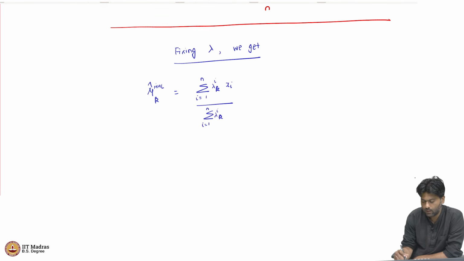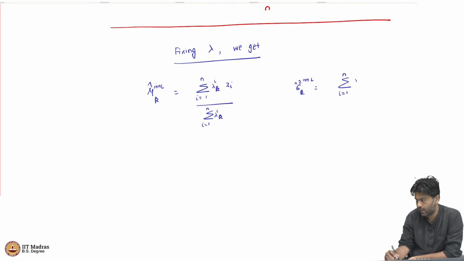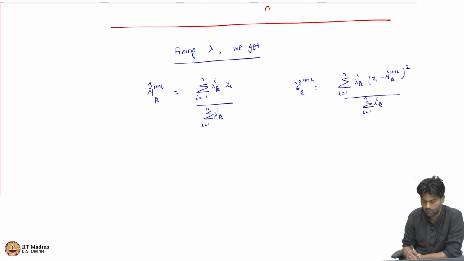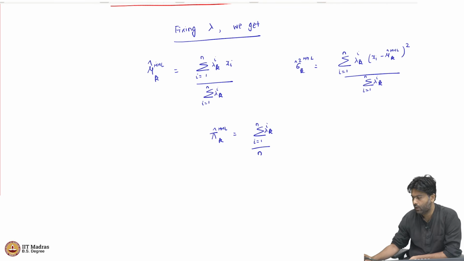Sigma squared MML k is the weighted sample variance, where again the weights are given by the lambda_ik's that we are assuming, divided by the sum over i equals 1 to n of lambda_ik. And pi's are again the weighted version of what you would standardly expect, the weighting of each point's chance that it belongs to cluster k and then averaged. So, this is good.